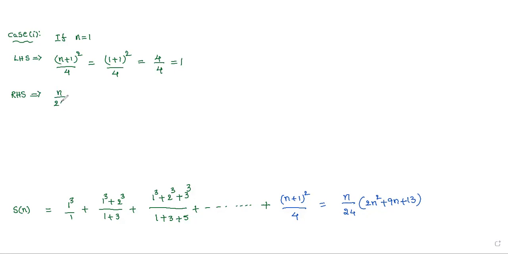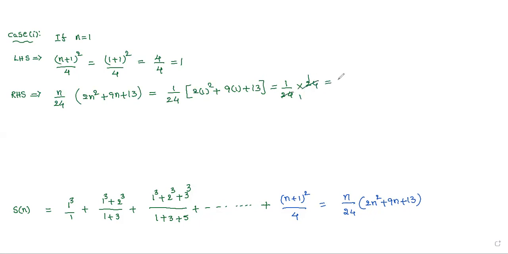RHS: n by 24 into 2n square plus 9n plus 13. Substituting n value 1: 1 by 24 into 2 into 1 square plus 9 into 1 plus 13. 1 square is 1, 2 into 1 is 2, 9 into 1 is 9, 2 plus 9 is 11, 11 plus 13 is 24.